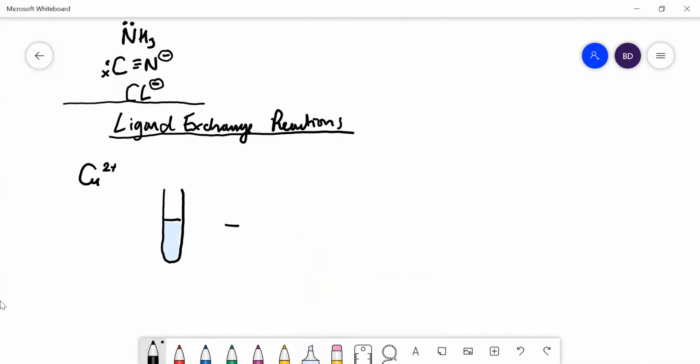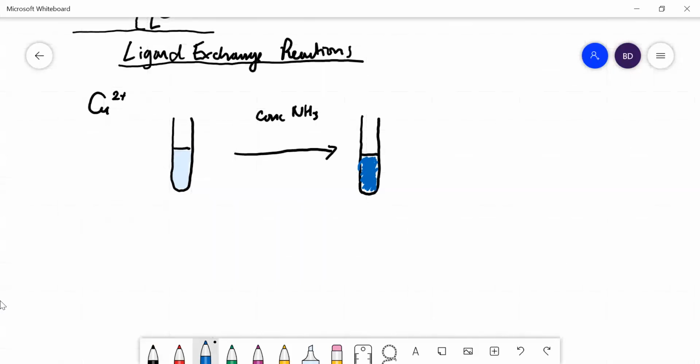And then if I add some concentrated ammonia to it, what happens is the color changes and it goes a very dark blue, like a royal blue inky sort of color. And we'll talk about what's happened there. It's because the water ligands have been swapped, or some of the water ligands have been swapped for ammonia ligands. And when you change the ligand, you very often change the color of the ion.